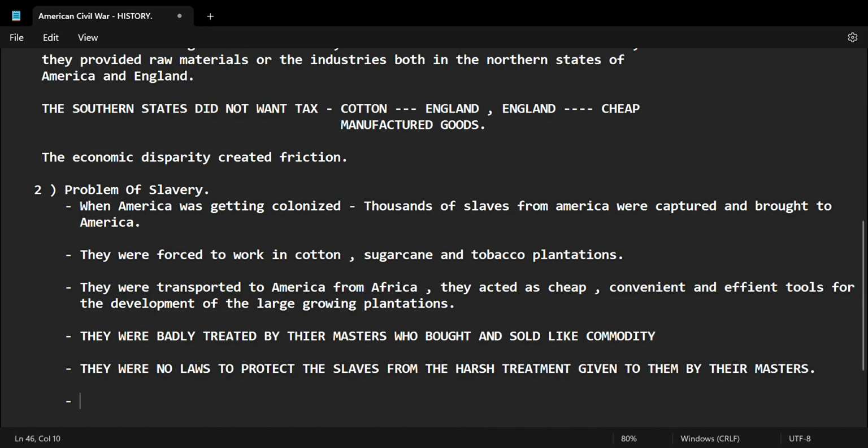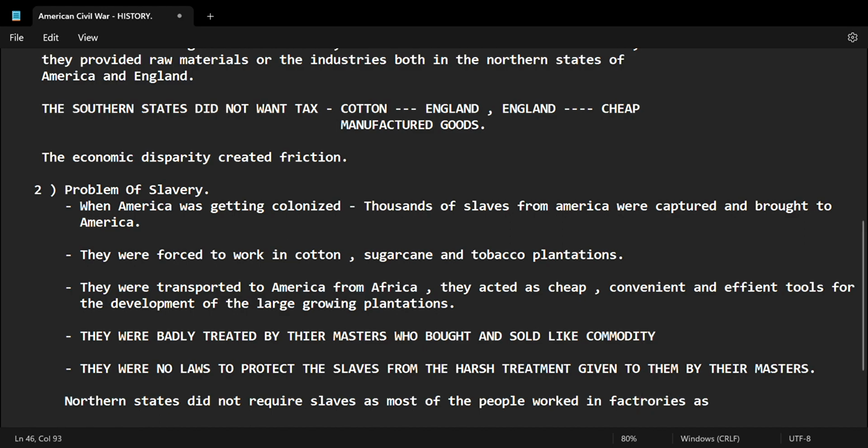So the northern states did not require slaves, okay, as most of the people worked in factories as paid laborers.